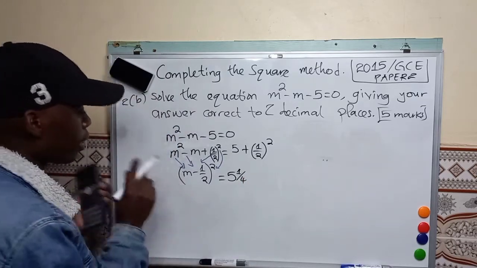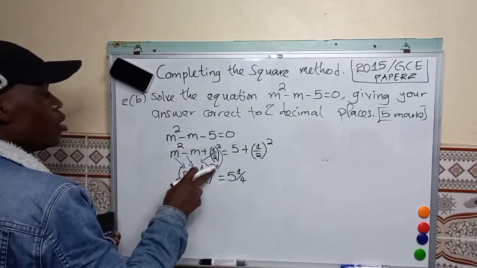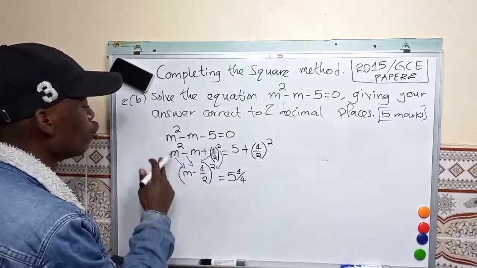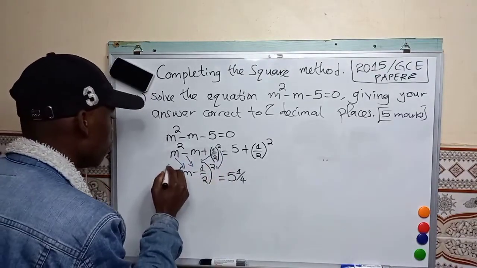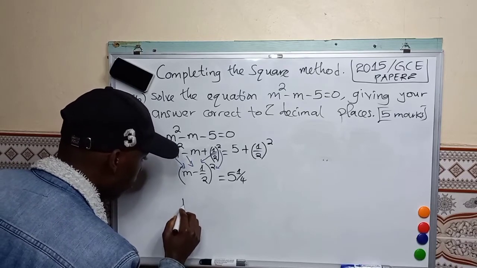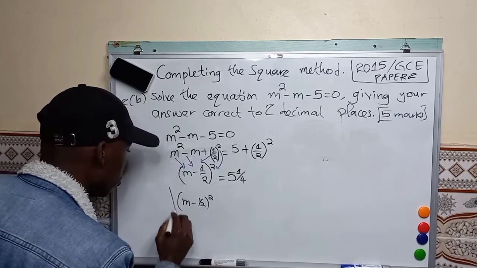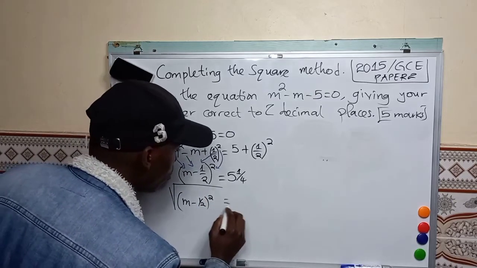Now, at this point, how then do you find the value of m? Since you have a square here, you introduce a square root on both sides. I'll write it down here clearly. m minus half, squared, you introduce a square root on both sides.